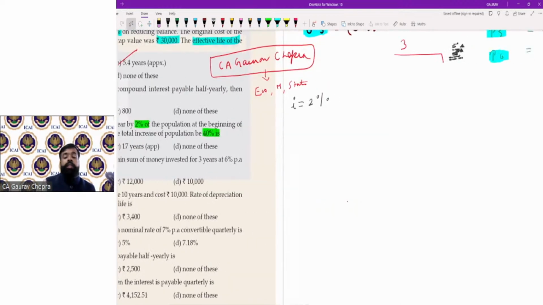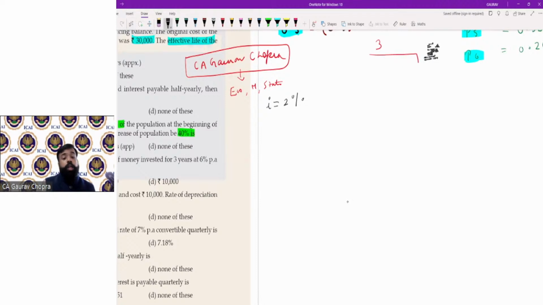And total increase in the population is 40%. So let's say the initial population is P. And what is the final population? Final population is P plus 40% of P. So it becomes 1.4 P.